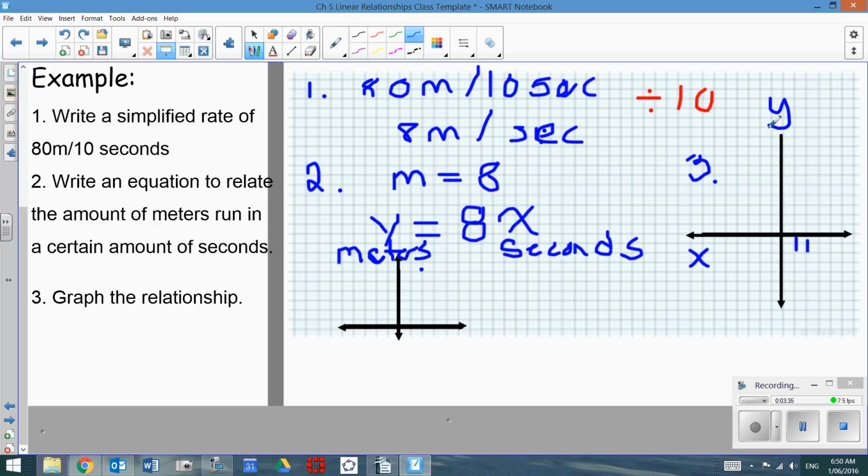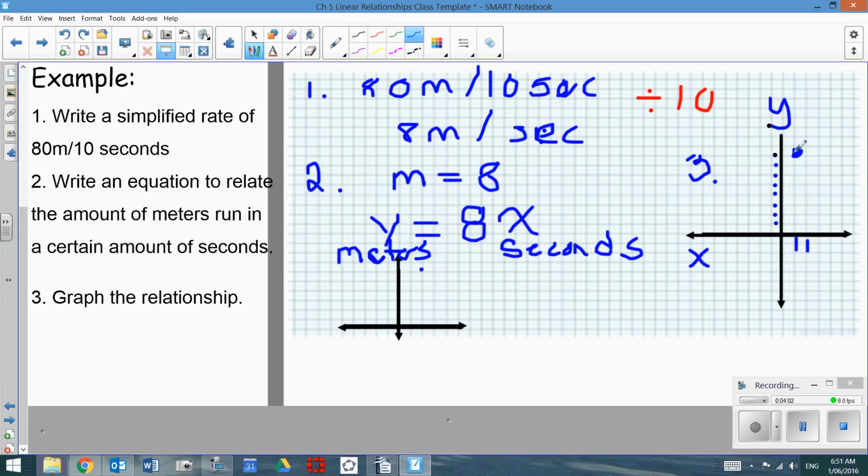Since for every second we run 8 meters, our first point wouldn't be until 1, 2, 3, 4, 5, 6, 7, 8. So my first point to graph is: if I run for 1 second, I have run 8 meters. So I have a point right here.